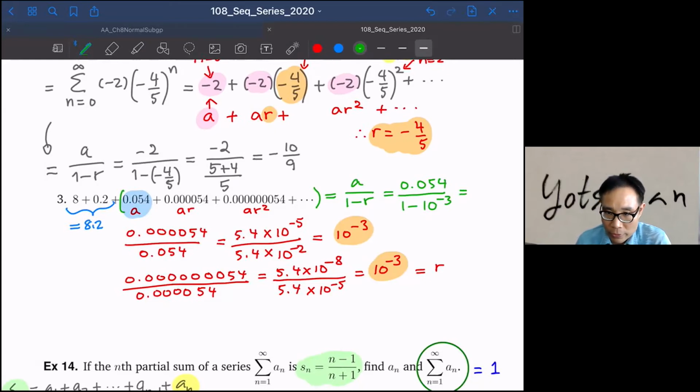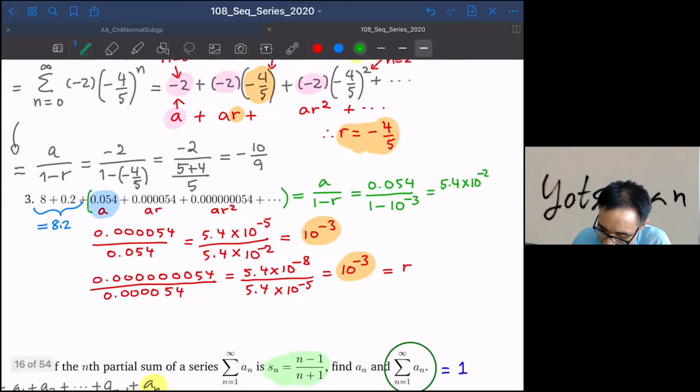So it's going to be 5.4 times 10 to the -2 over 1 minus 1 over 1,000.